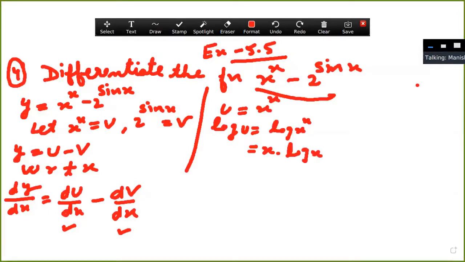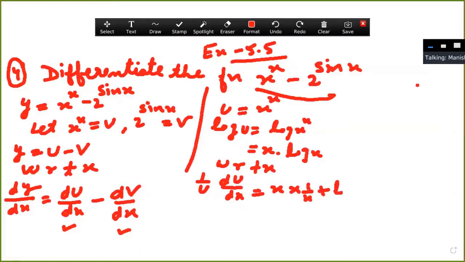Now differentiate with respect to x. This will be 1 upon u du upon dx is equal to product rule. X as it is, derivative of log x is 1 upon x, plus log x as it is, derivative of x is 1. So it is 1 plus log of x.